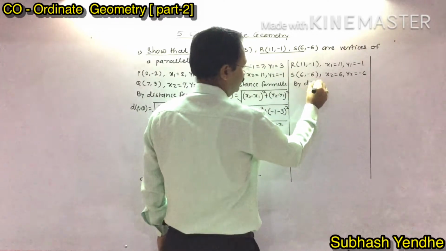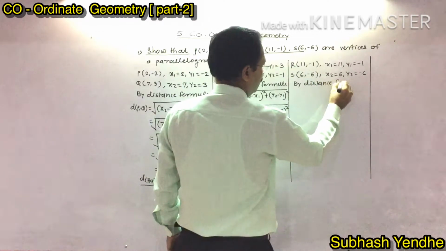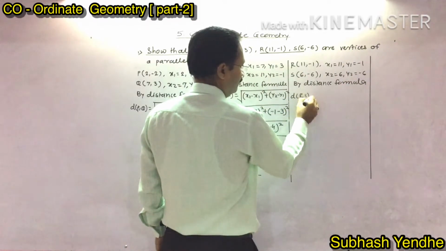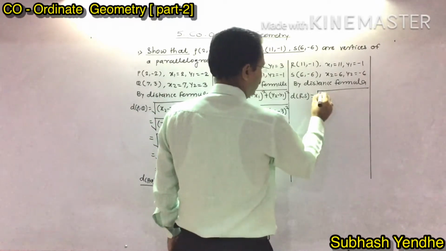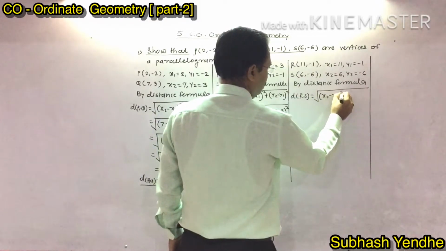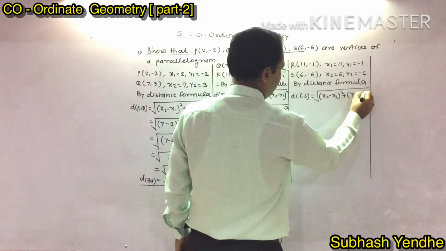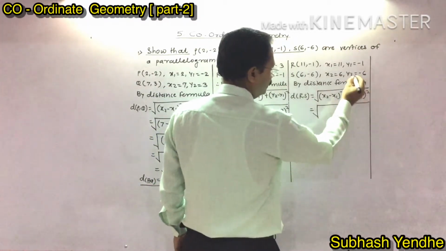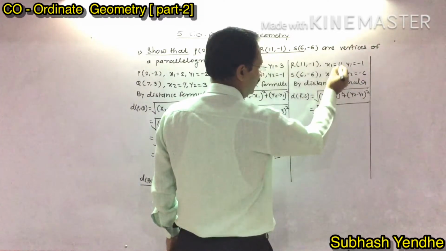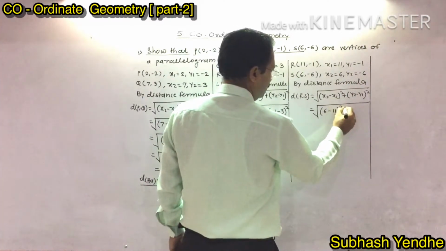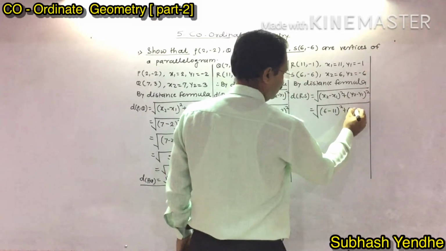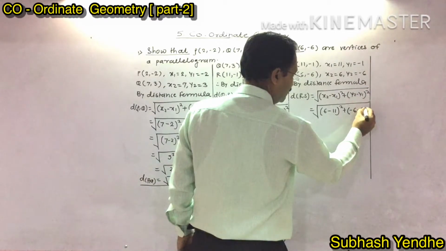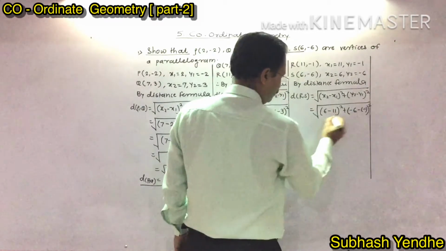By the distance formula, you will get distance RS equals under root of (x2 minus x1) bracket square plus (y2 minus y1) bracket square. Now substitute the values. x2 is 6, x1 is 11, y2 is minus 6, then minus sign, y1 is again minus 1. So you have to write it in a small bracket.